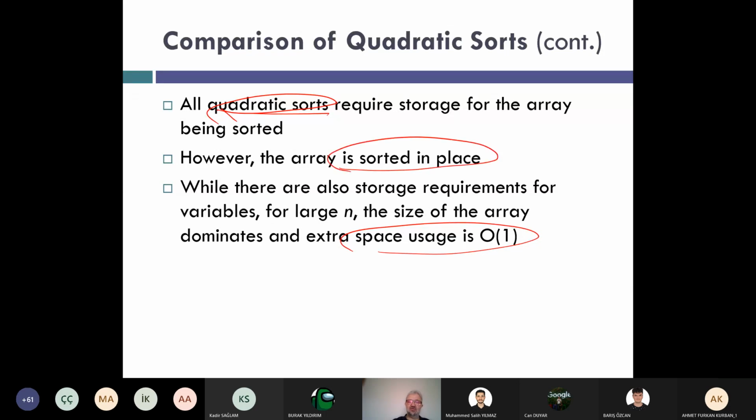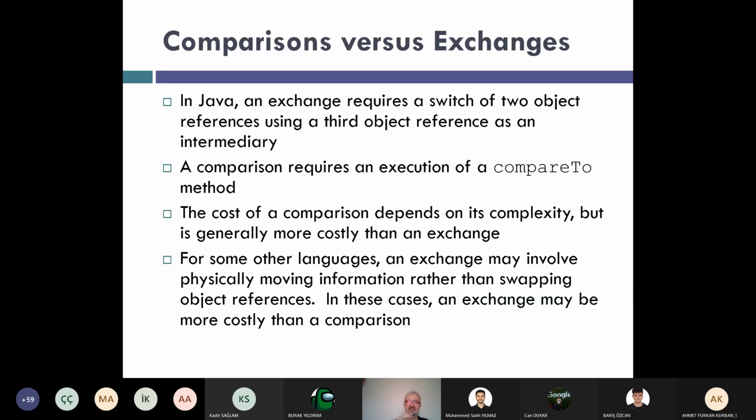We do not use an extra array to perform our sort operation. But in some n log n algorithms, for example merge sort, we will use extra arrays. That is a disadvantage of merge sort. So the extra space used for these quadratic sorts is constant.